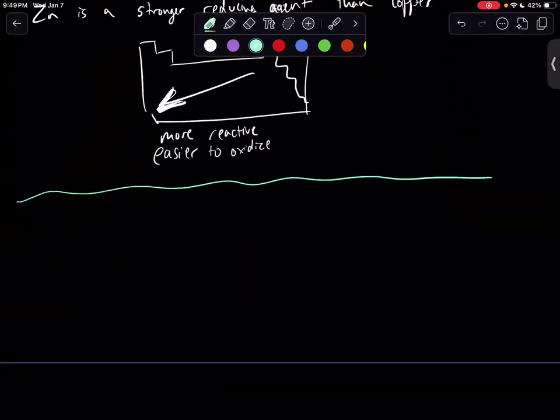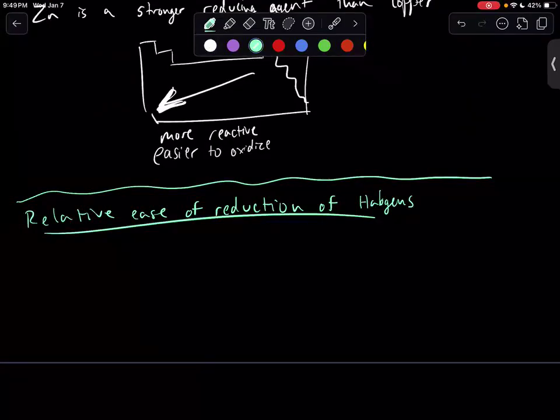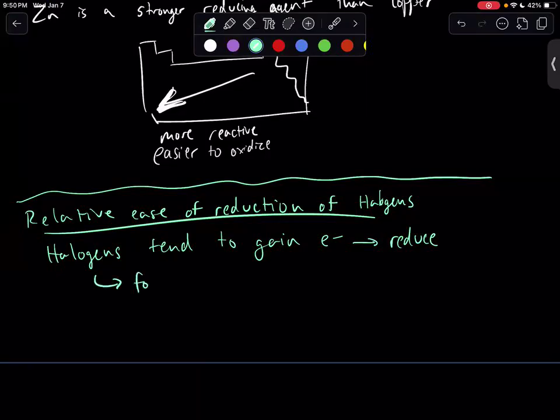So that covers metals. What we're going to go over next is relative ease of reduction of halogens. Now, we could talk about all nonmetals, but we're going to focus on the halogens. We know that halogens tend to gain electrons, which is just another word for reduce. When they gain electrons, they reduce. Now, that trend follows electronegativity.